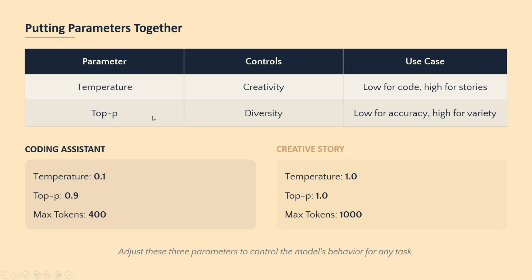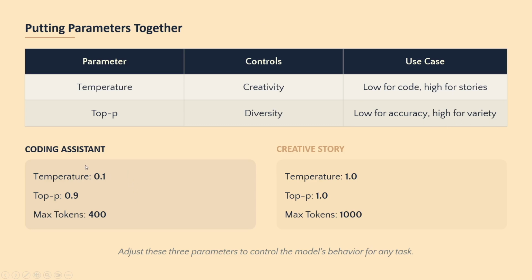And if we want to generate a story or generate some video, then the creativity should be more, therefore we should give the temperature as high. And for top P, it is the diversity that we have, and for accuracy we will give low. If we need more variety, we will give the top P value as high, as we have seen in the last example.